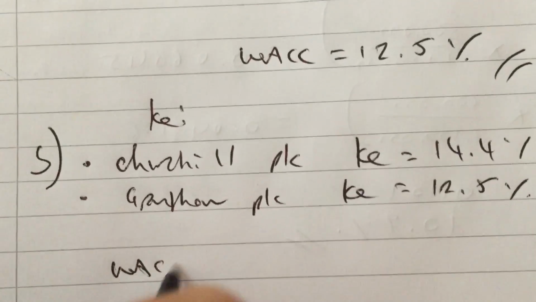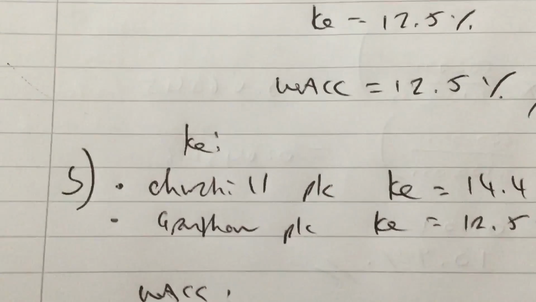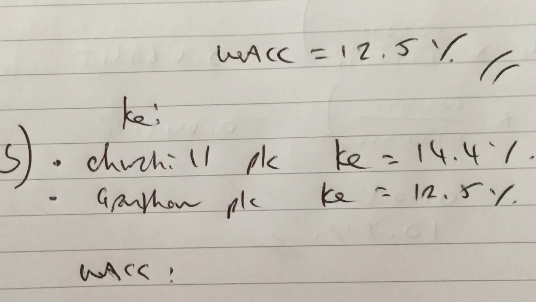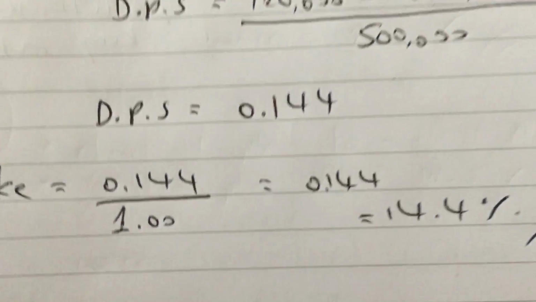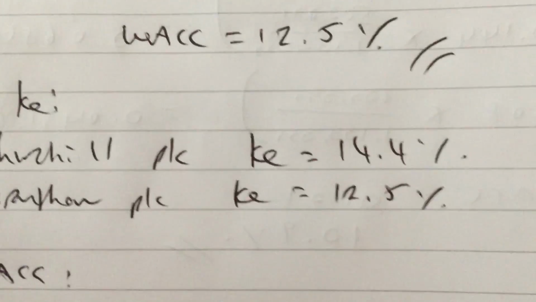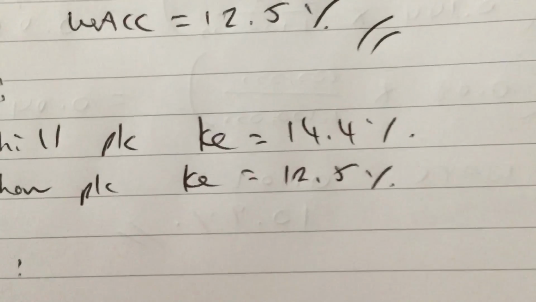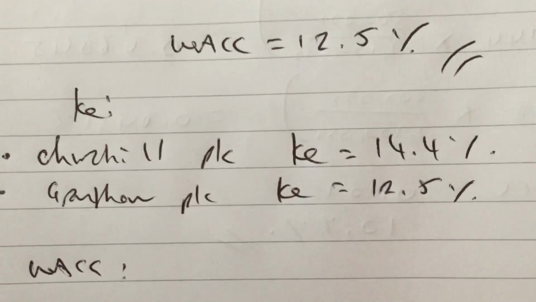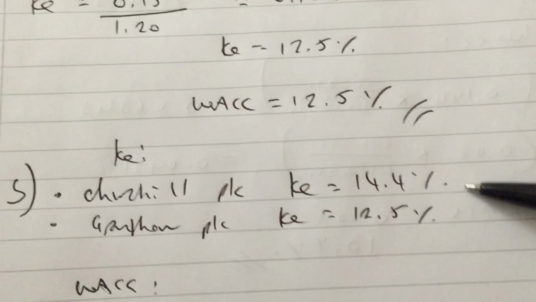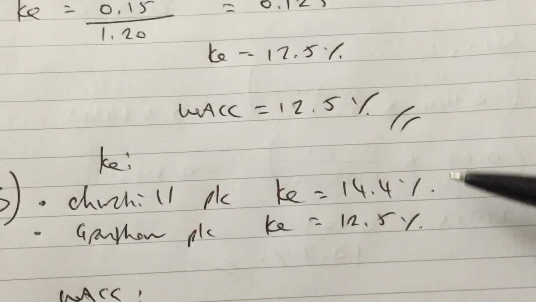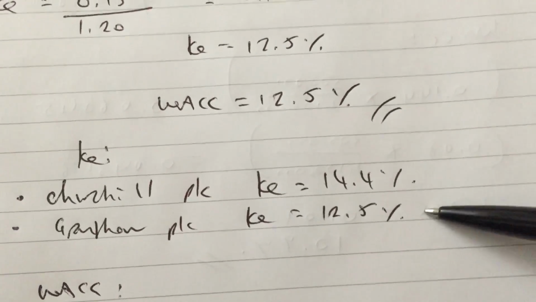But then when it came to weighted average cost of capital, Churchill PLC's weighted average cost of capital equaled 10.9%, and Grantham PLC's weighted average cost of capital equaled 12.5%. And so the question is really why Churchill PLC's cost of equity is higher, 14.4% compared to Grantham's 12.5%.